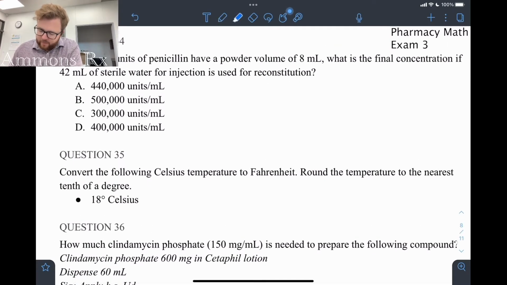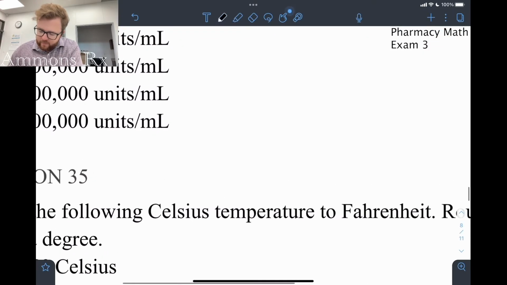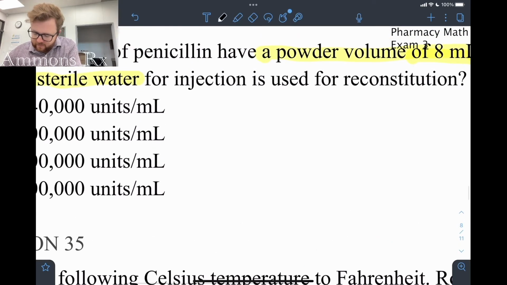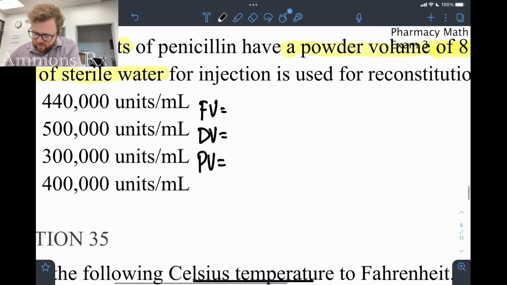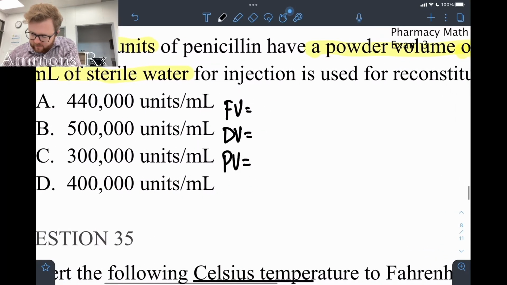Okay, another penicillin problem. 20 million units. Powder volume of 8. What is the final concentration? 42 mils of sterile water. It's nice and neat. We have 42 mils of sterile water.